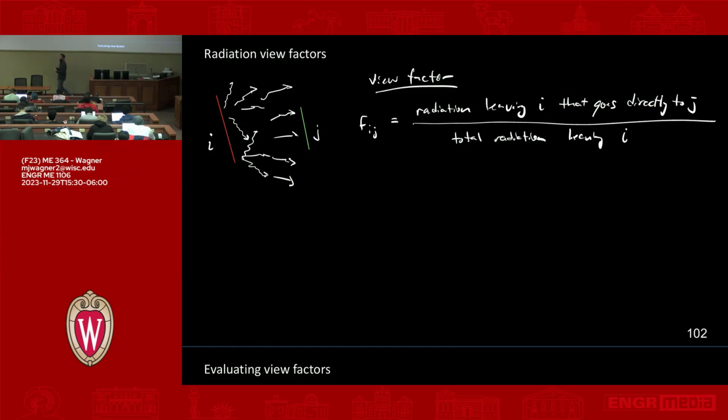Zero is none of the radiation hits surface J, and 1 is all radiation hits surface J.